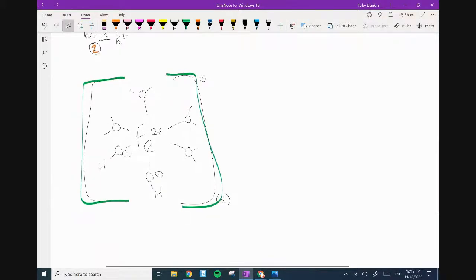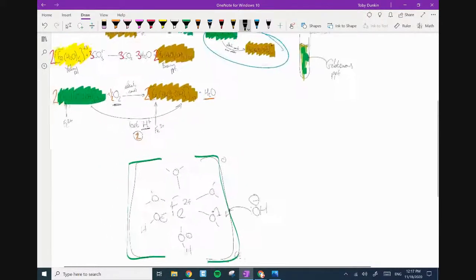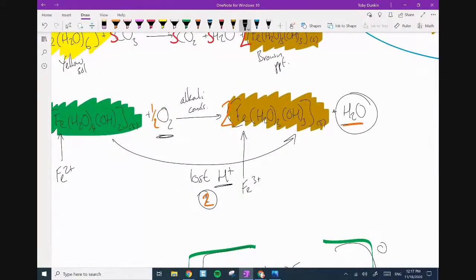Right, so if you have it in excess conditions, what will happen is that the OH minus that's in excess will actually still act as a base, and it'll take another one. But when that happens, those electrons rolling back, we're going to form water. There's the water in the equation.